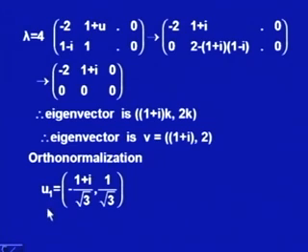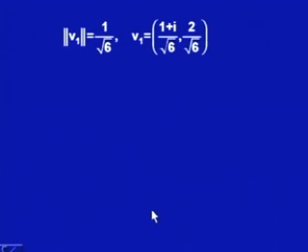In this sense, u1 is equal to minus 1 plus i by root 3, comma, 1 by root 3. This is what we have obtained after normalizing the given vector u, and this is a row vector because I am not writing the transpose here. So, u1 is an orthonormal vector; its magnitude is 1.